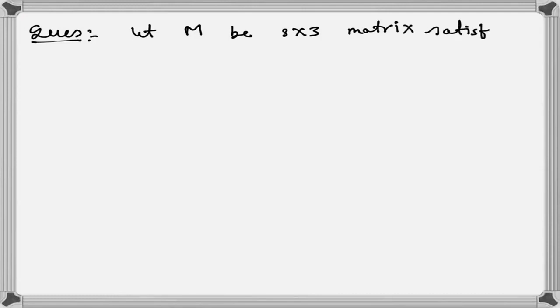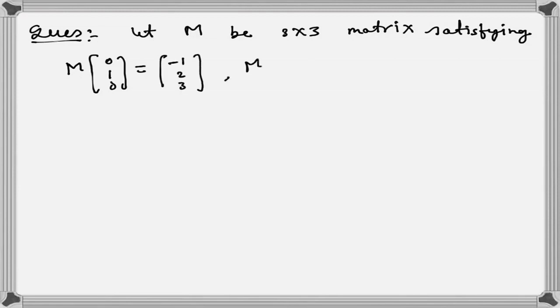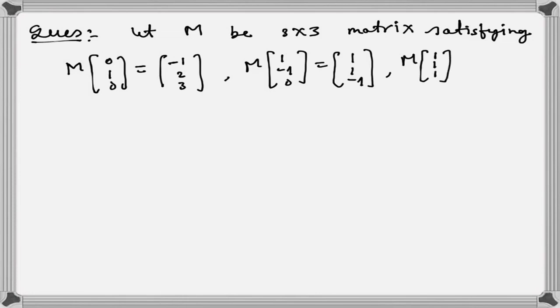So let's solve question number 1. Let M be a 3 cross 3 matrix satisfying: M times (0, 1, 0) is equal to (minus 1, 2, 3); M times (1, minus 1, 0) is equal to (1, 1, minus 1); and the third one is M times (1, 1, 1) equals (0, 0, 12).